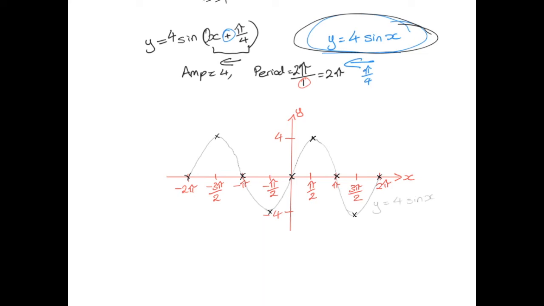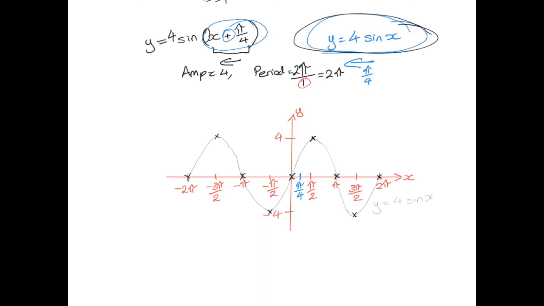Okay, so now I'm going to draw my actual one. Now what's happening? We are shifting to the left by pi on 4. What's pi on 4? Pi on 4 is actually half of pi on 2. It's halfway between 0 and pi on 2. So I want to go back half the distance between my main points that I've drawn.